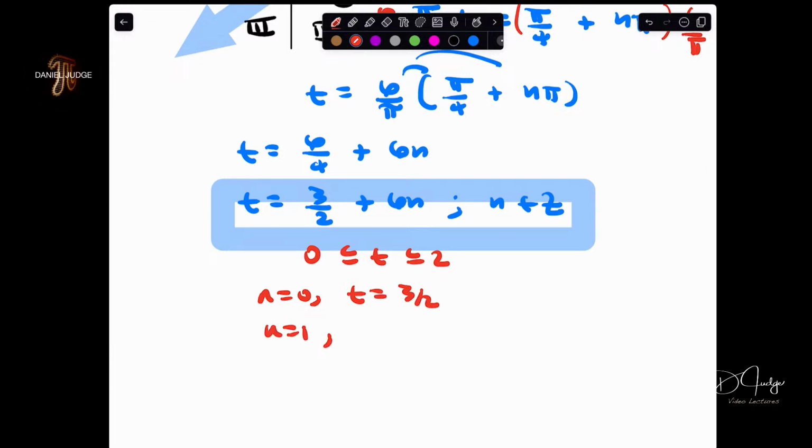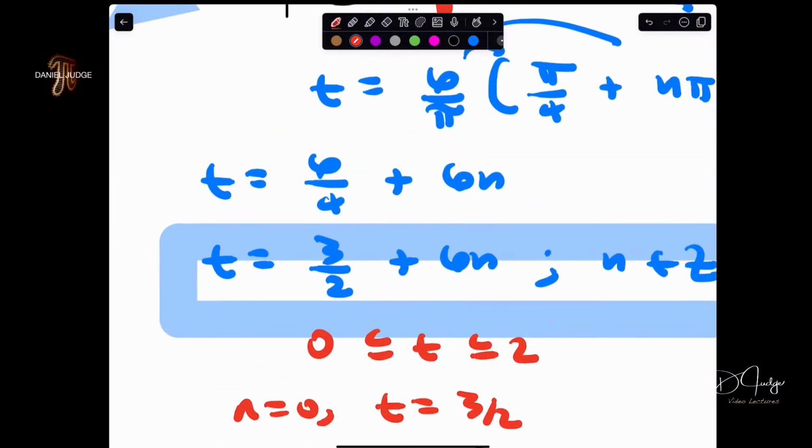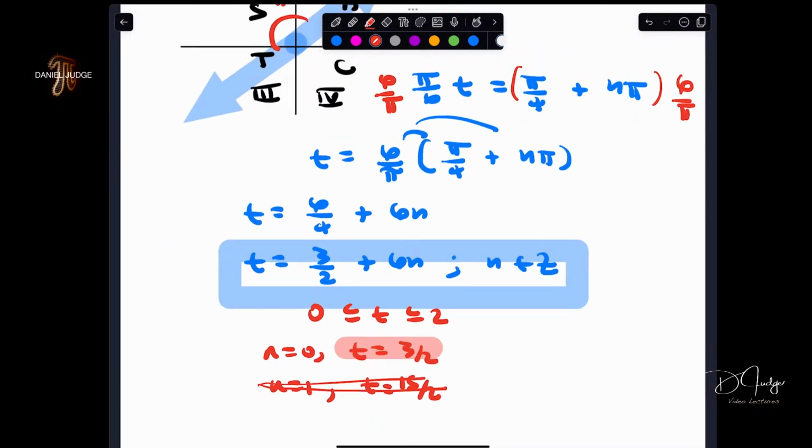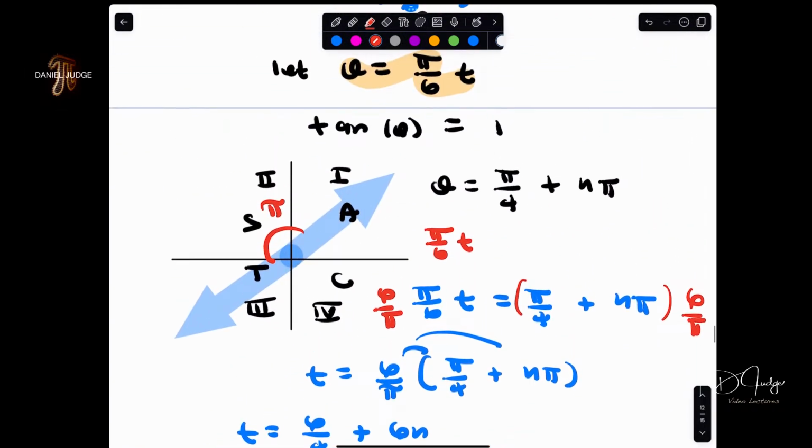When n is 1, t will be 3/2 plus 6, so 12/2. This is 15/2 now, 7.5 seconds. So the point is, this is your t, 3/2 seconds. So you did get the general solution here, and then you switched back to your variable.